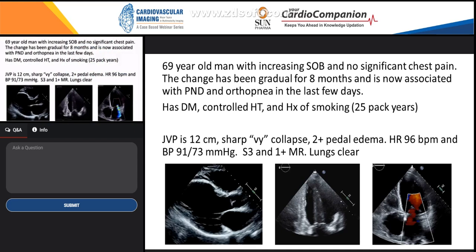What do you think is the abnormality, what is the chance it is ischemic, and what's the chance that we should revascularize? Go ahead, anybody. Well, there is more than one area of contractile abnormality.